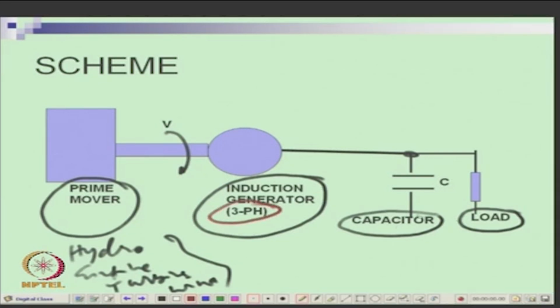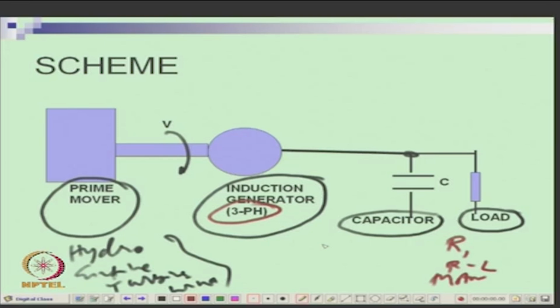Capacitor is the AC capacitor, and the load can be any type of isolated electrical load. It can be a resistive load or an RL load. Usually we do not have much RC load, or it can even be nonlinear loads, or a motor load. A load, electrical load, of different types.